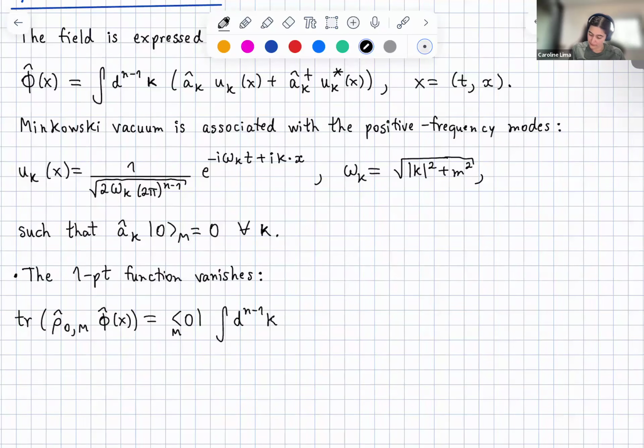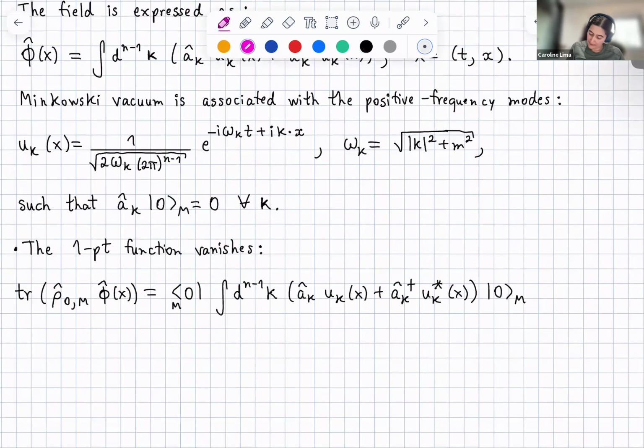So this is going to be just the annihilation plus the creation part, and everything acting on the Minkowski vacuum.